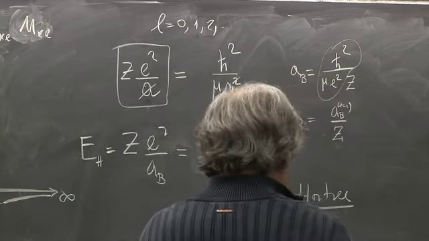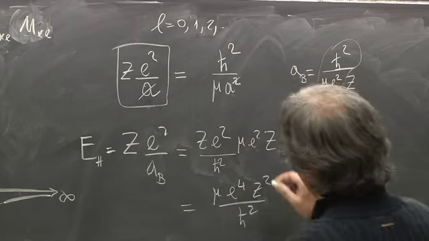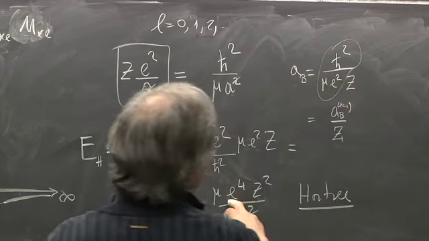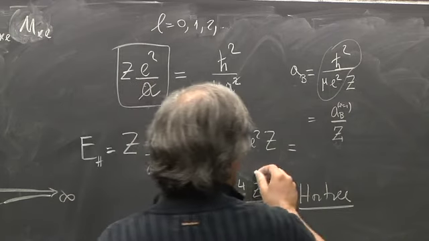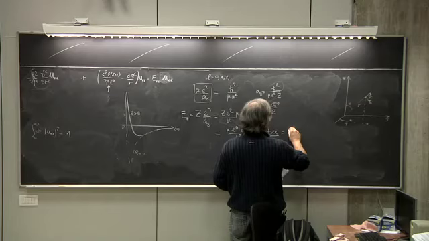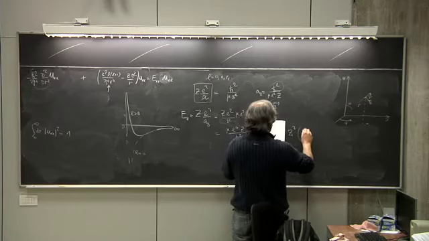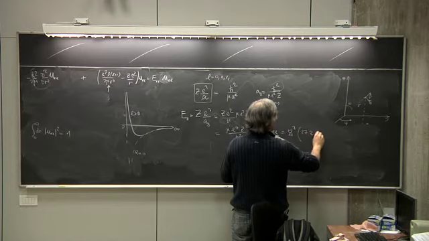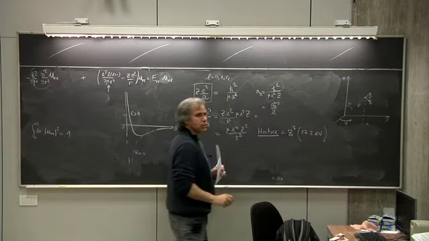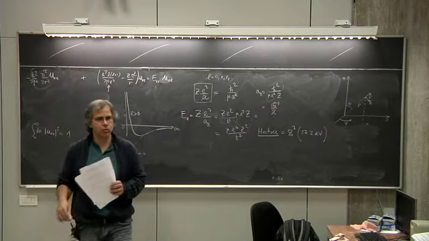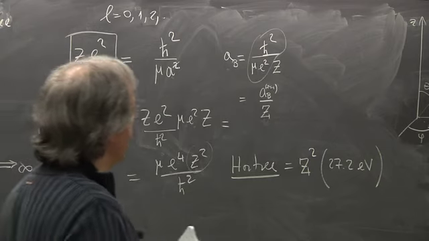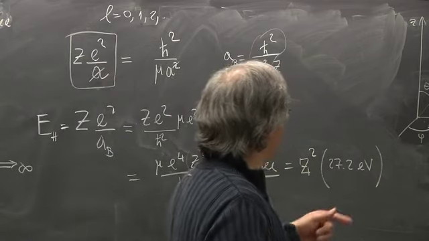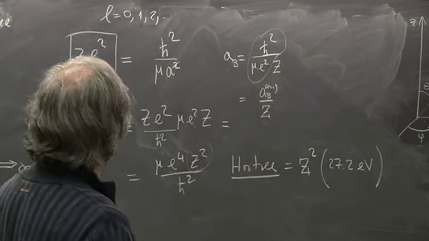Okay? Numerically, it goes with the fourth power of the charge and with the second power of z. So numerically, this is equal to z squared times something close to 27.2 electron volts. Electron volts are very good units that you could use in atomic physics, but an even better unit is the Hartree.